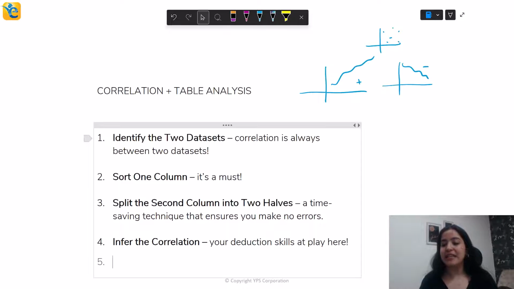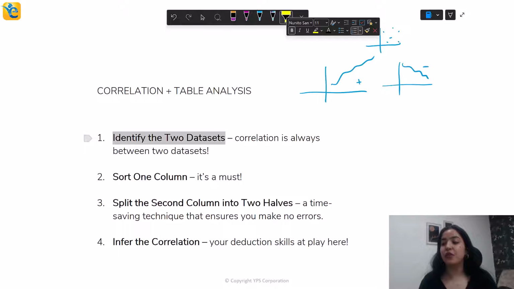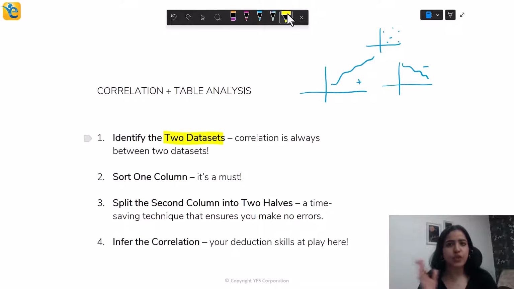Now, the summary of that method is here presented to you. You will identify which data sets, first of all, you're looking at, between which you want to check correlation. After that, you'll sort one column, which corresponds to one data set. Then, based on this sorted one column, the other one, which will still be unsorted, you split it into two parts, an upper part and a lower part, and then you infer the correlation.